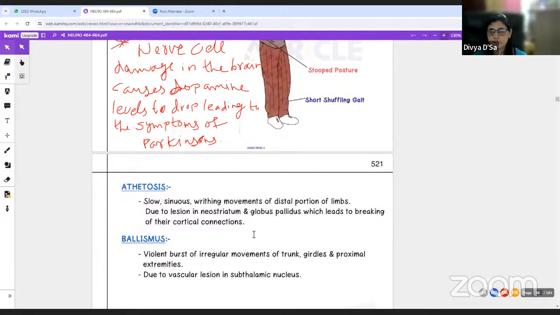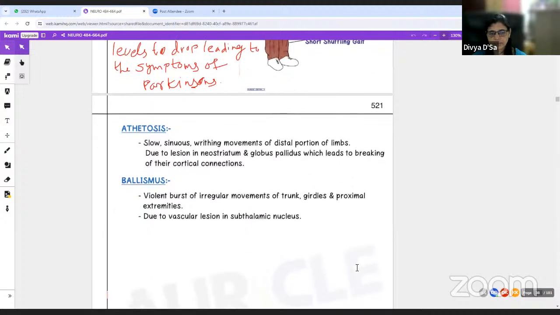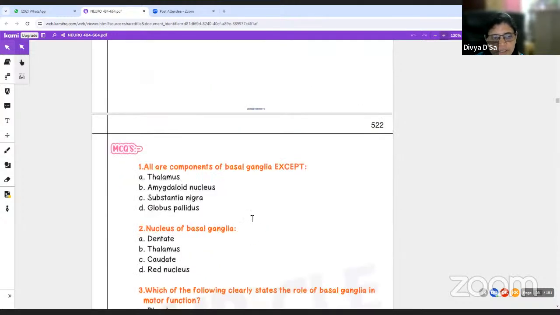And ballismus is a violent burst of irregular movements of the trunk, girdles, and proximal extremities, that is, the pelvic and pectoral girdles, trunk, and proximal extremities. This is basically due to a vascular lesion in the subthalamic nucleus.